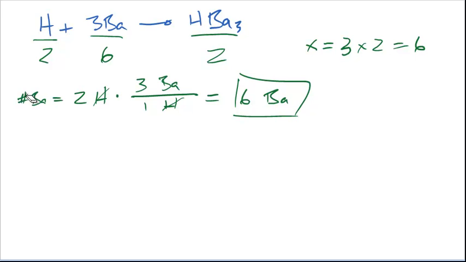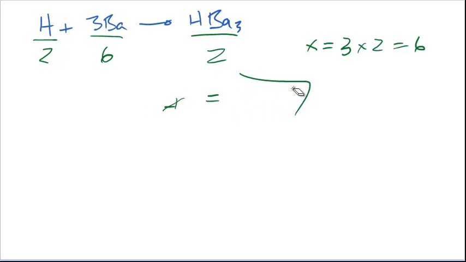But let's say we have a little bit different situation. Let me clear this space here. Let's say we have 2 hamburger patties, and this time we're given 5 strips of bacon.